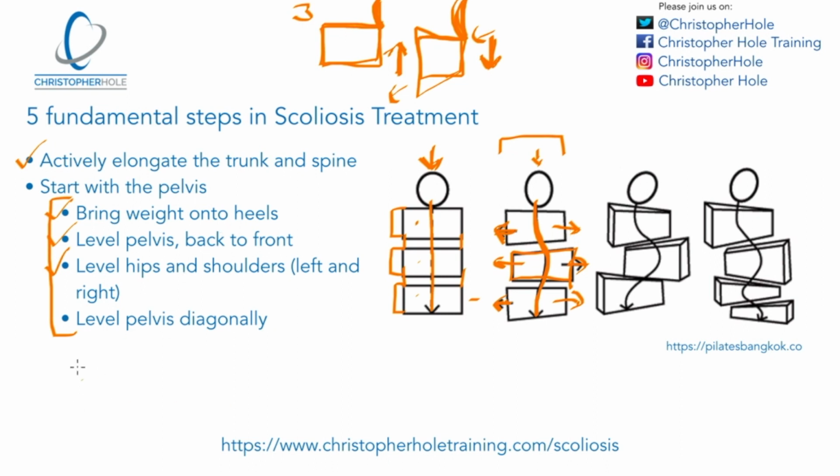So the fifth thing is you have to level your pelvis diagonally. What that means is if you look at the top view, so if I draw a diagram here, the top view will look something like that in a healthy spine. It'll all be lined up, and it will be sort of flat from front to back, and it will look normal.